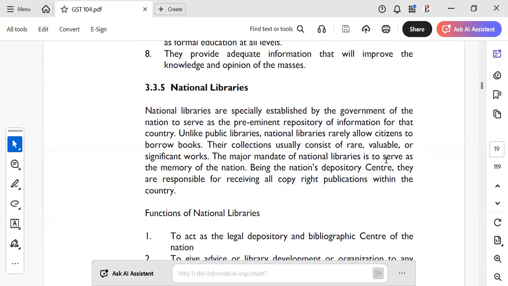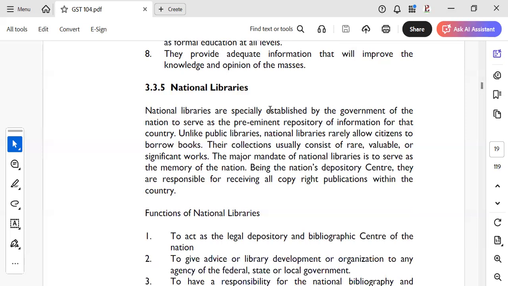access and dissemination. Now we'll go to, I think this will be the last type of library we'll talk about. That is the national libraries. So far, we've talked about academic libraries, the ones that belong to institutions like the university, colleges of education, and polytechnic.